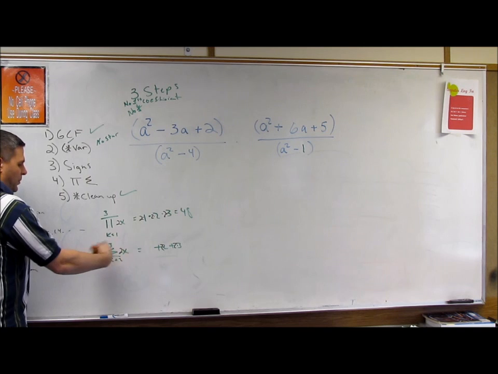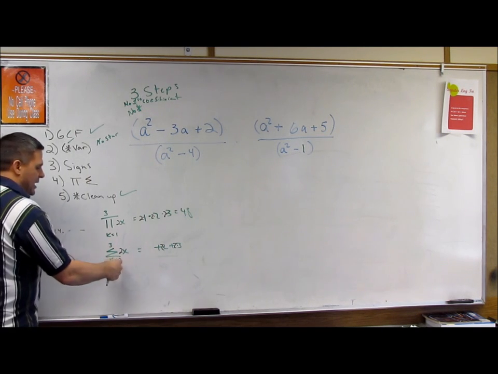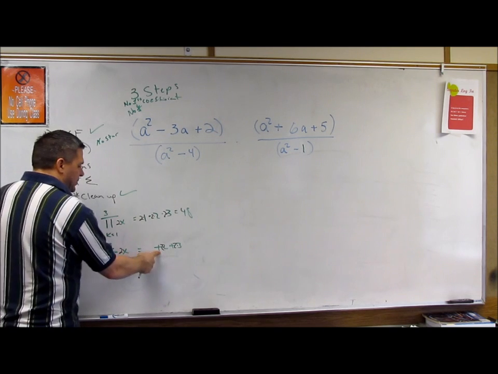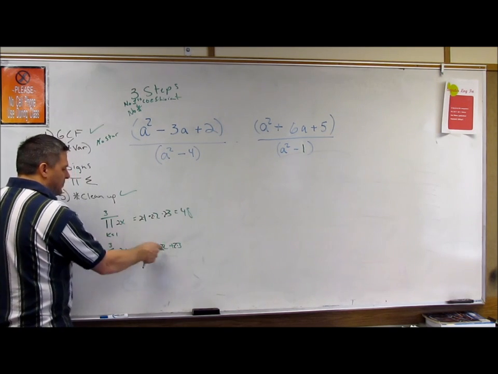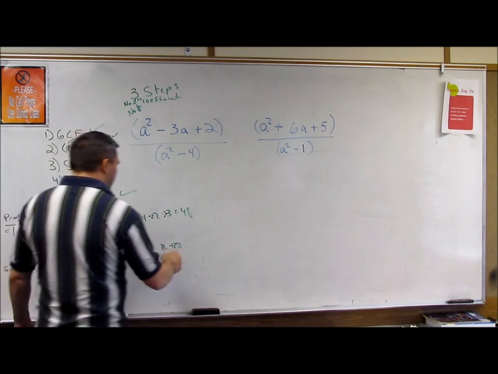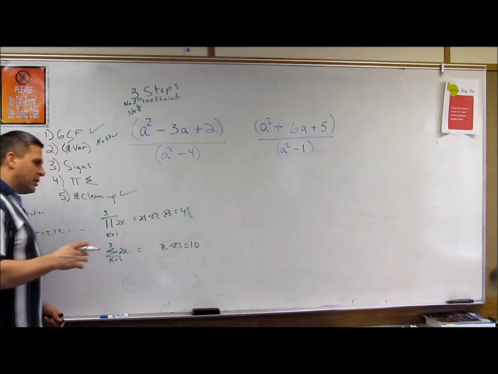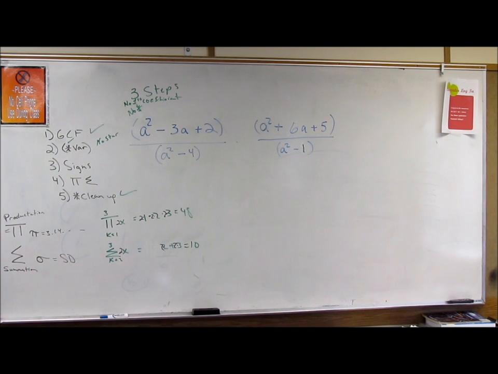From k equals 2 to 3, 2k is 2 times 2 plus 2 times 3, which is 4 plus 6, which is 10. So that's the difference between summation and productation.